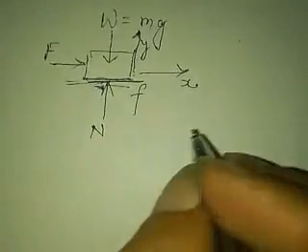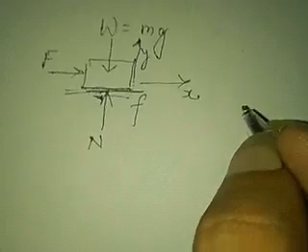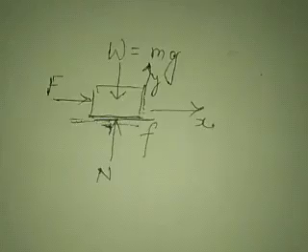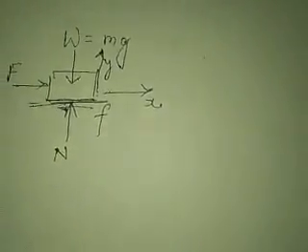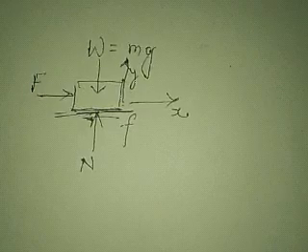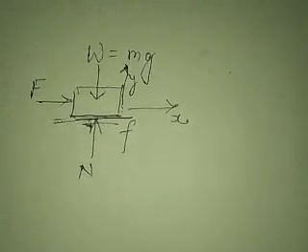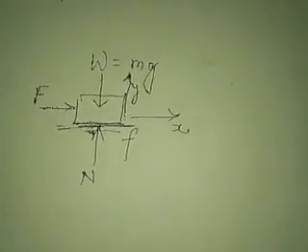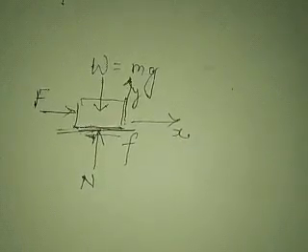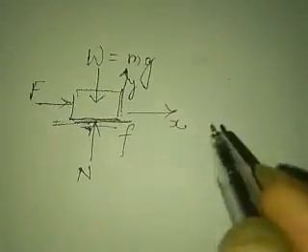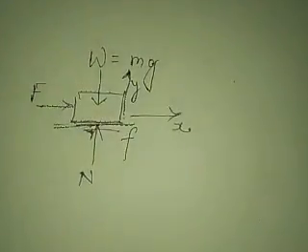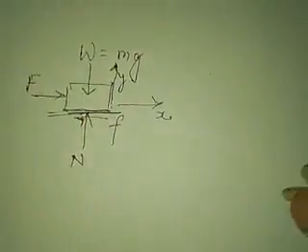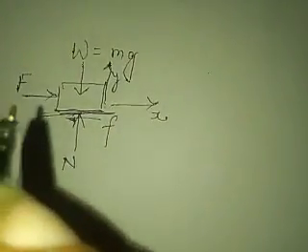So equilibrium along the x-axis. I'm talking about two dimensions, don't forget that, because in 3D there will be some more forces, some more forces about the z-axis. So there will be some different statement for that, but for this case right now I am taking the equilibrium of the system along the x-axis.